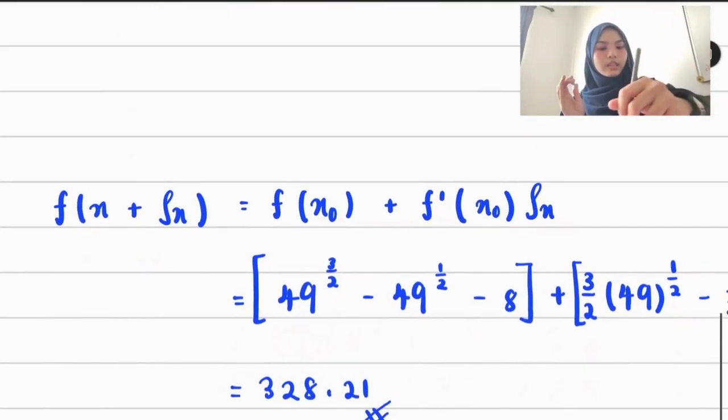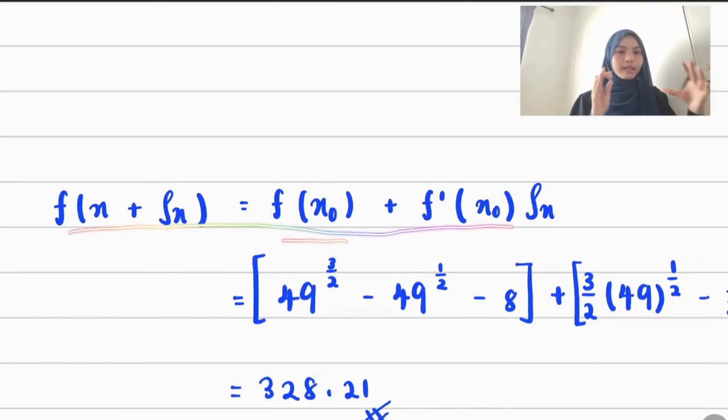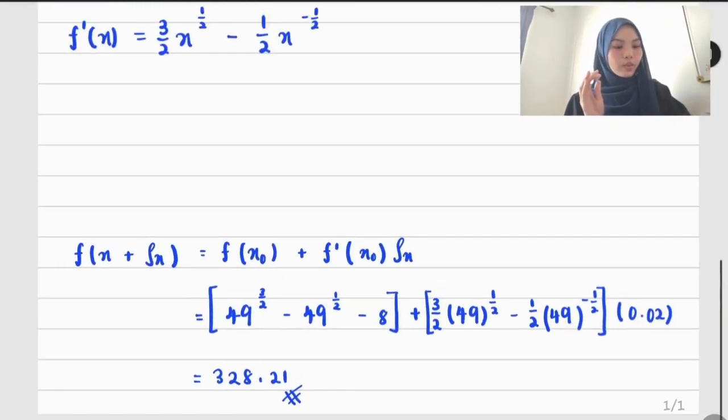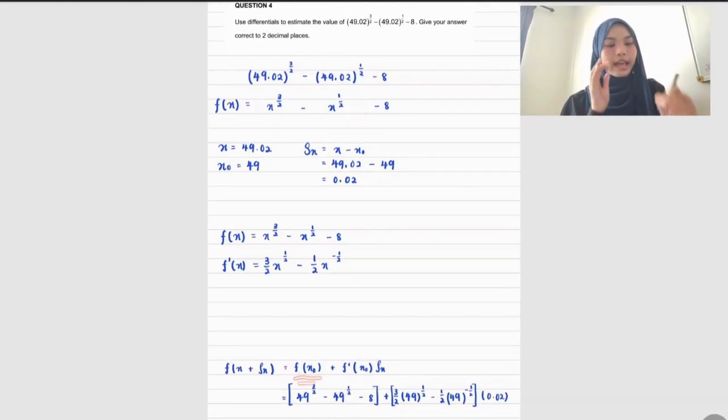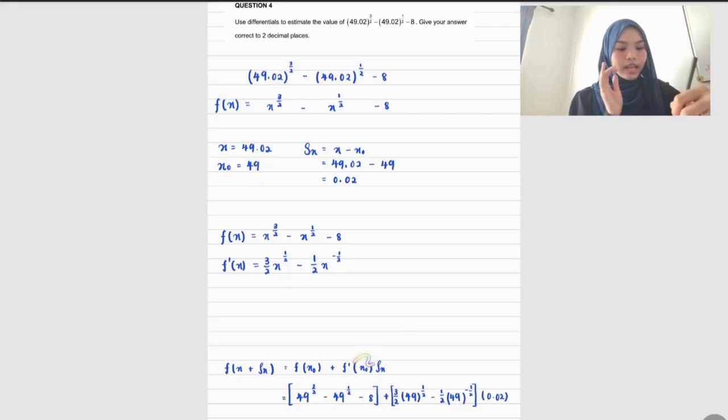To use this equation, f(x naught) is f(x) here but with x replaced by x naught, plus f prime of x naught, which is f prime of x but with the value of x replaced by x naught also. And then multiply by delta x, which is 0.02. Then finally, we got the answer, which is 328.21.